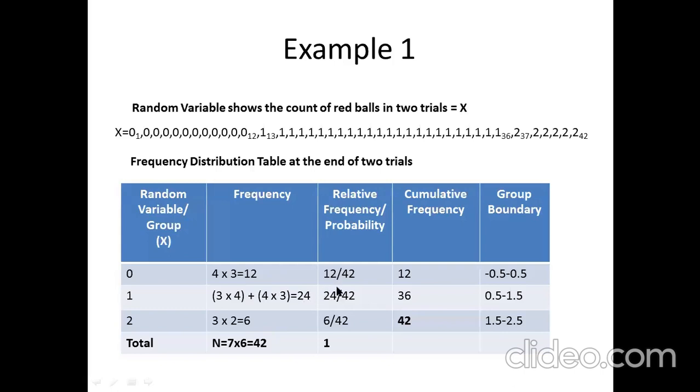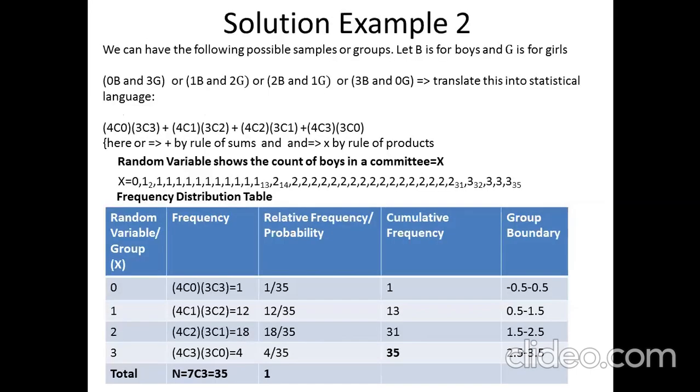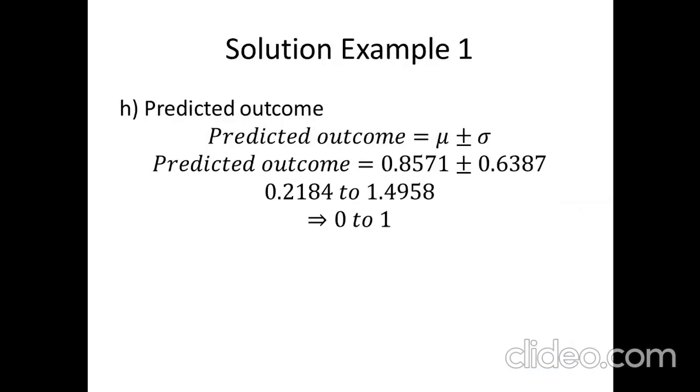Like 12 upon 42 and 24 upon 42 are much higher probabilities as compared to 6 upon 42. So that is why I have basically truncated 1.49 to 1 rather than rounding it up to 2, so that we could show something useful done in the analysis.